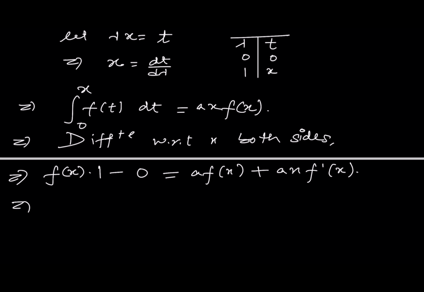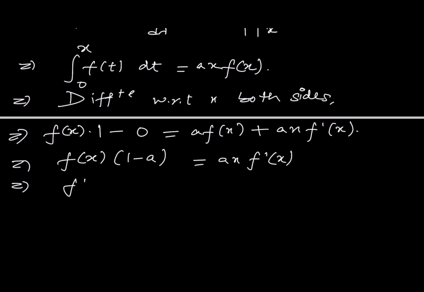So if I take f x on one side, then it will be f x common, 1 minus a, is equal to a x f dash x. Or if I take quantities of f on one side, whether it is f x or f dash x, then it will become f dash x by f x is equal to 1 minus a by a into 1 by x, right?